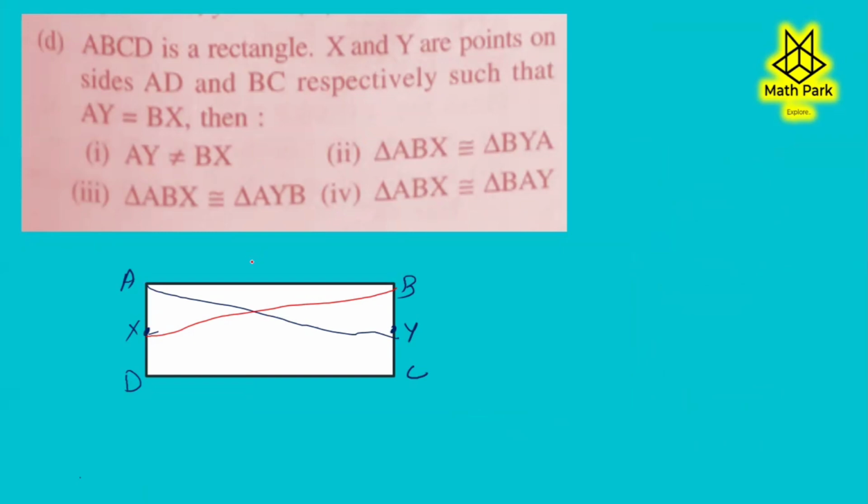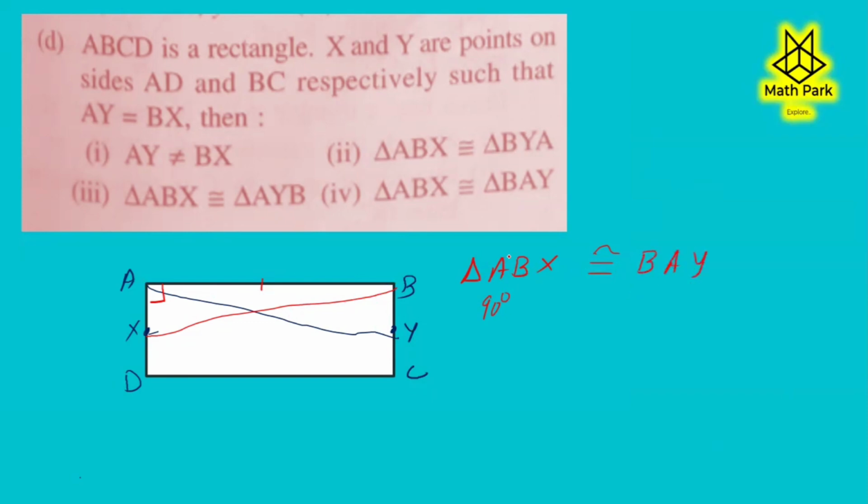Then, okay. So if I take triangle ABX, in this triangle, first of all, AB is common. In ABX, you have this angle A is 90 degrees, this is 90 degrees. It will be congruent. If I take ABX, then it should definitely be triangle BAY.